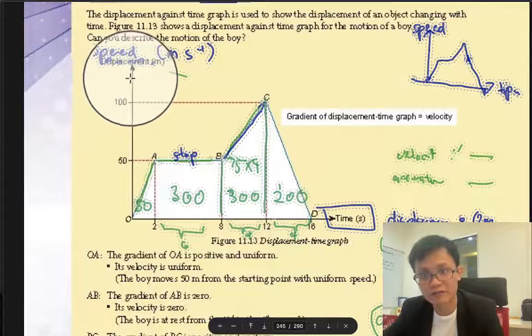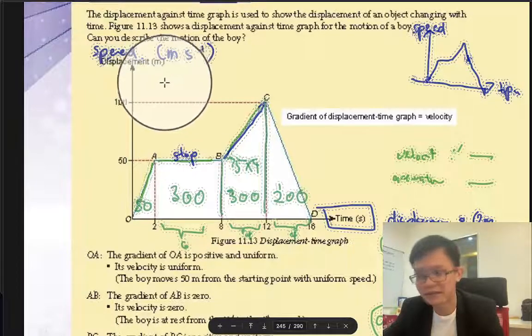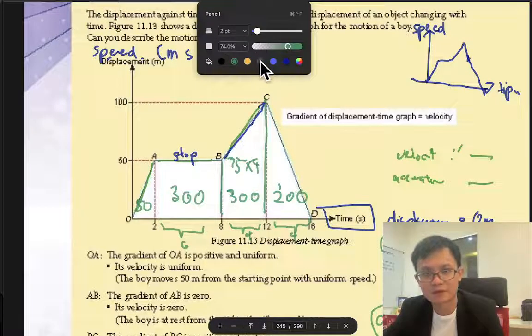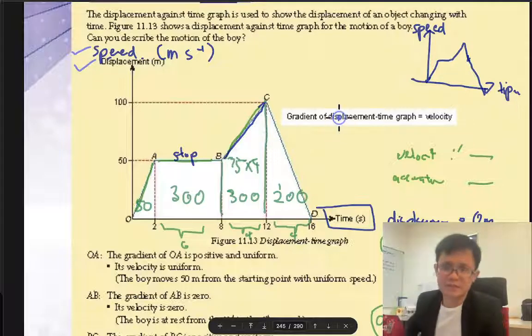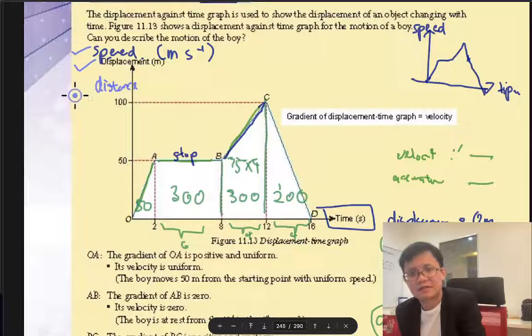Well, I think students will always do it wrong and get confused. Why does this book say like this? Why does that book say like that? It's actually not because of the book. It's because the graphs look almost the same. It's not the same. So you need to understand the concept of speed and the concept of displacement, and one more is distance, if they want to give a distance time graph.